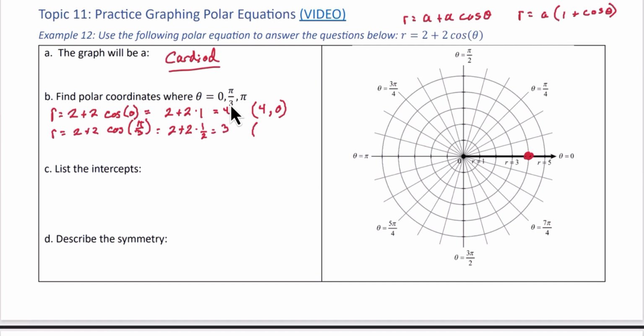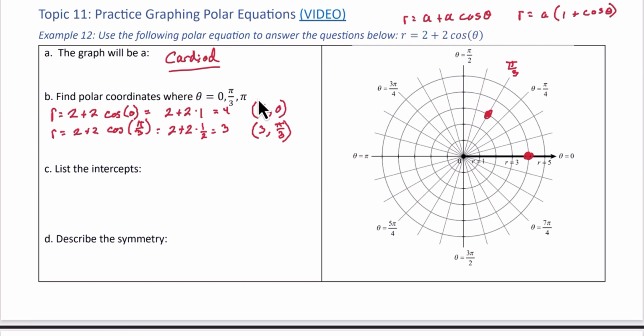That means the coordinate would then be r is 3, theta is pi thirds. So finding pi thirds on the grid, pi thirds would be this guy here, and we want to be at 3. 1, 2, 3 on that angle.